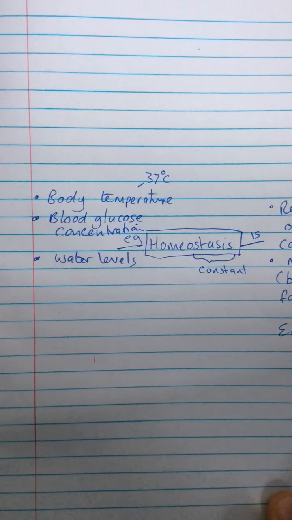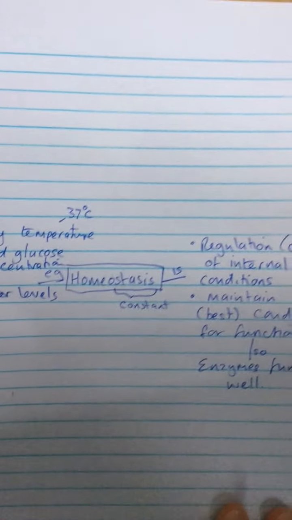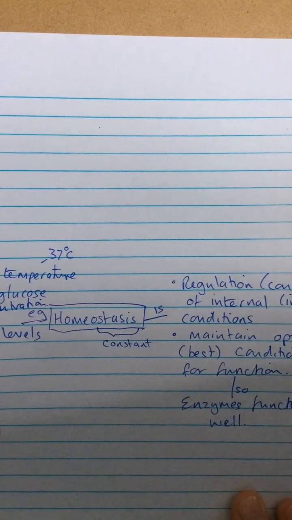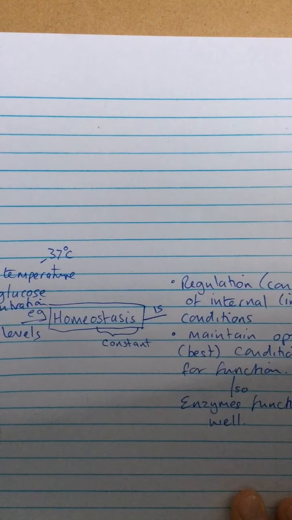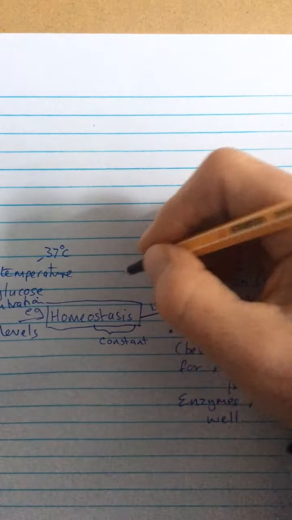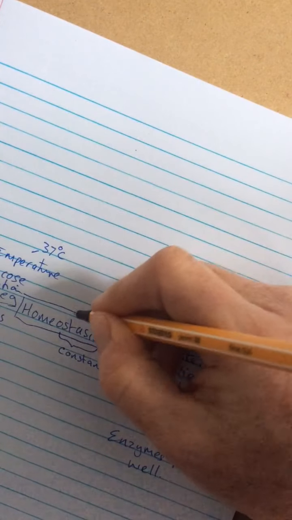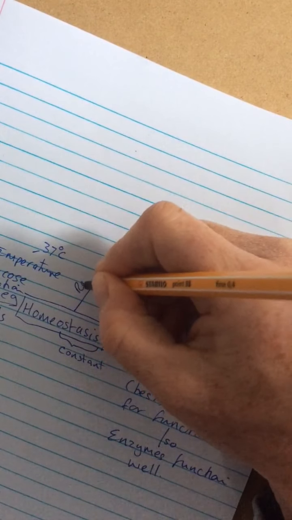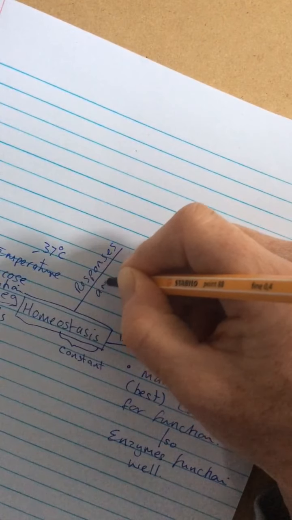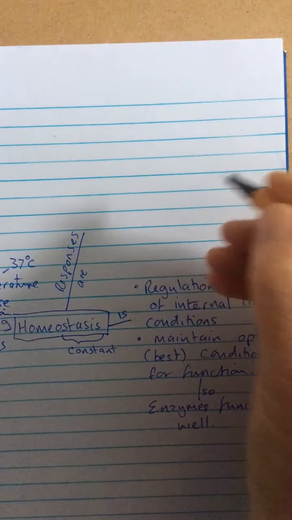Okay, so what do we need to know about homeostasis? Is it something you have to think about? Do we go, oh gosh, feeling a bit warm, I'll just sweat a bit so that I can cool myself down? No, we don't do that, do we? So the point is that the responses are automatic.